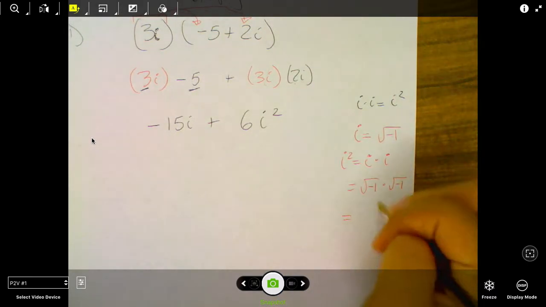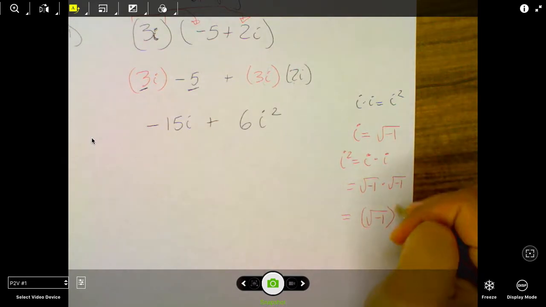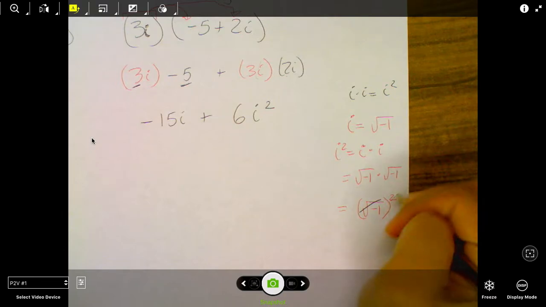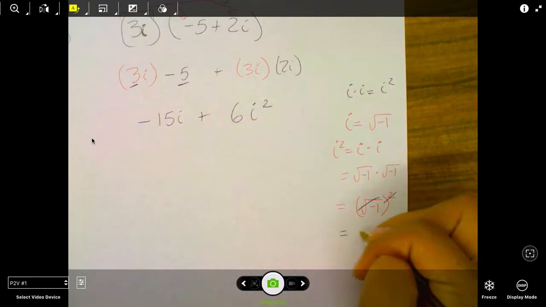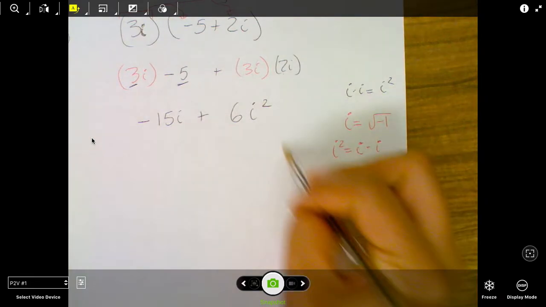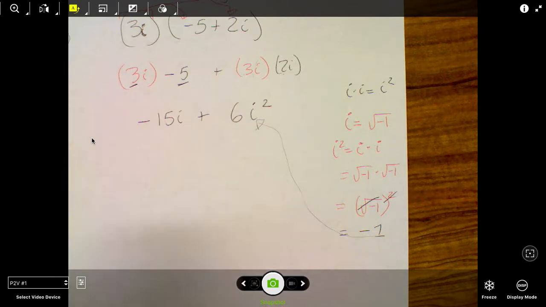Since they're both repeating, we can write it as one thing with a square. And then a square and a square root cancel each other out, and then you only have -1. So ultimately, this i squared is going to be replaced with -1.